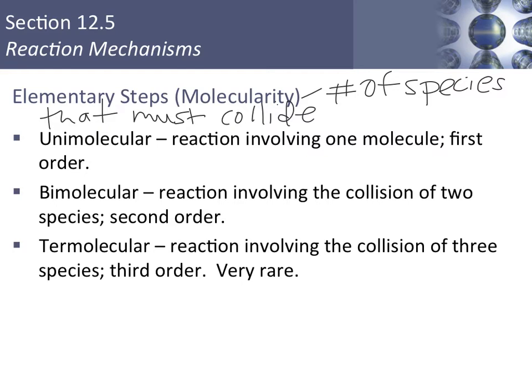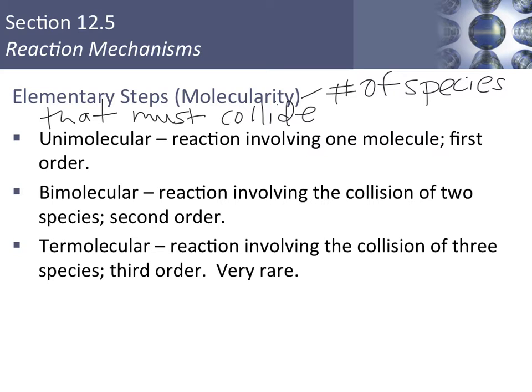So the reaction mechanism that we just looked at had two elementary steps. Elementary steps are reactions where the rate law can be written from its molecularity. And molecularity is the number of species that must collide to produce the reaction indicated by that step. A unimolecular step is a reaction that involves just one molecule, and that will be first order.